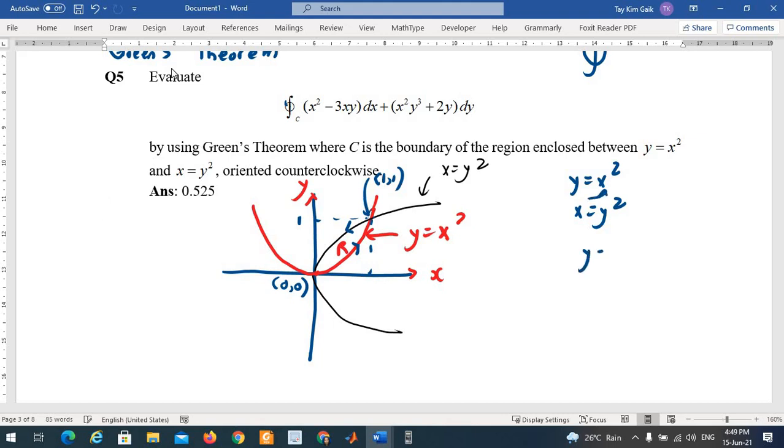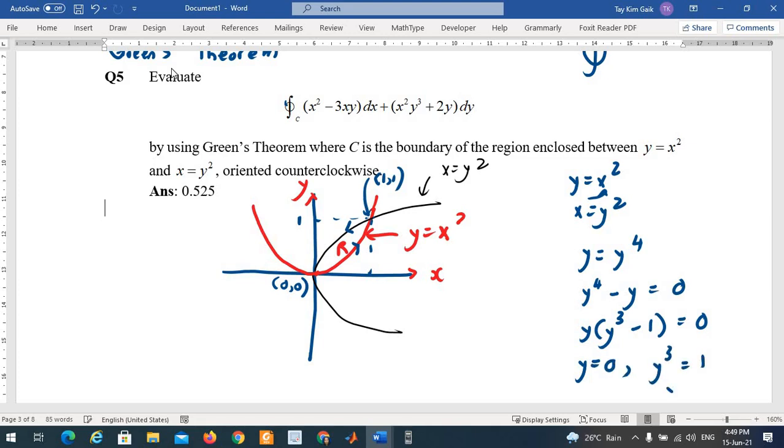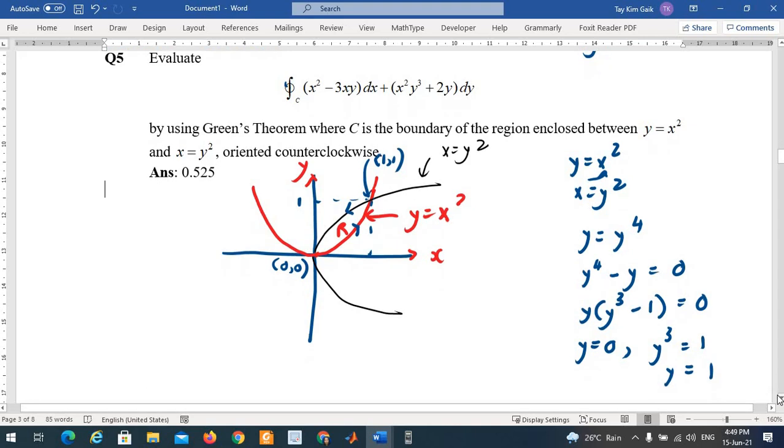So y will be x squared, so this will be y power 4. So y power 4 minus y equals 0. So y times y cubed minus 1 equals 0. So it's either y equal to 0 or y cubed equal to 1, so y is 1. So when y is 1, x squared is 1, giving 1 and negative 1. So this is 1.